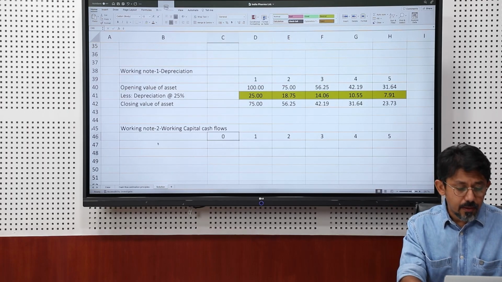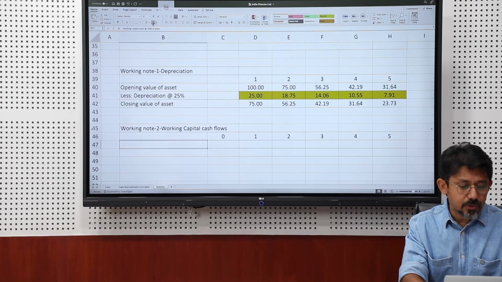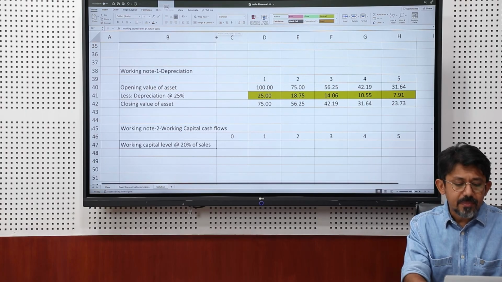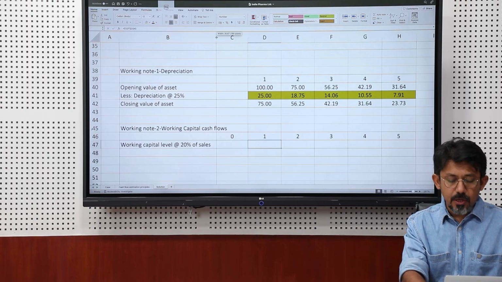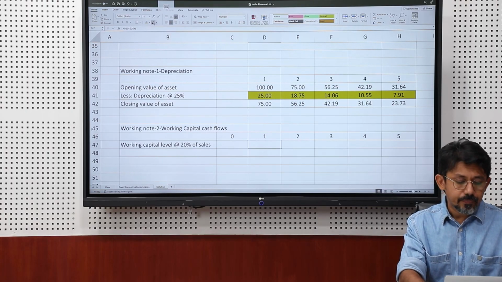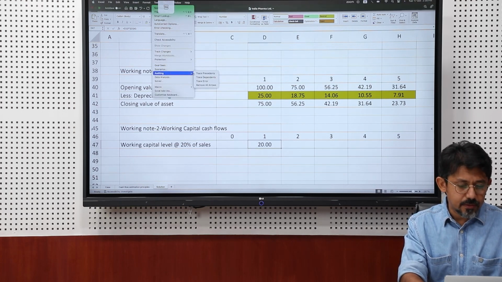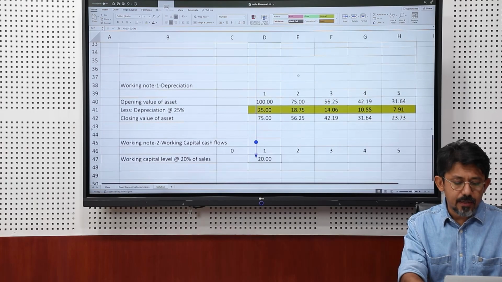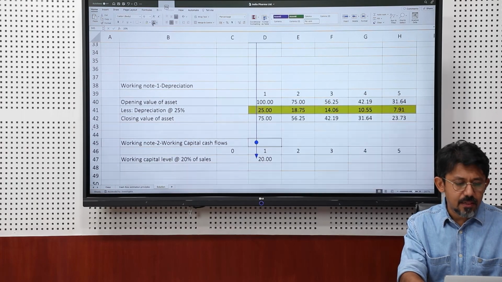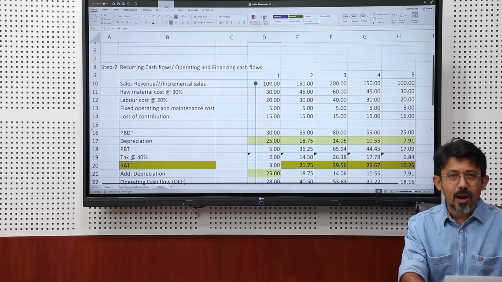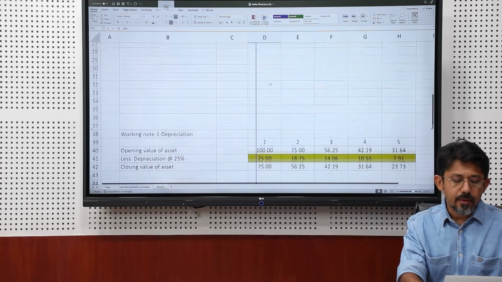But let us just look at the working capital calculation first. You were told that working capital requirement is 20% of sales. So, 20% of sales is linked in this manner. We are saying 20%, that is the reference cell, multiplied by the sales of year 1, 100 million.